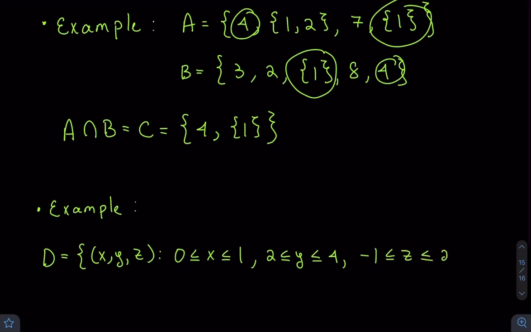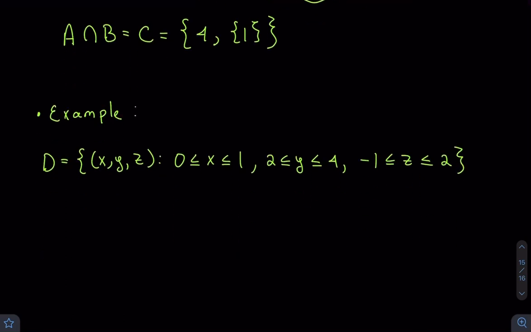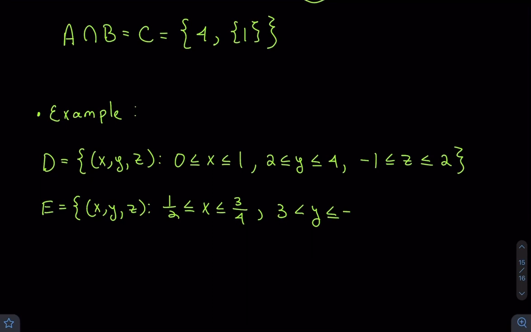and 2. And if I had a set E that was also a three-dimensional set whose intervals were these, let's do 3/4, then we could have 3, then we could have 4 here, and then maybe 0, z up to 1.